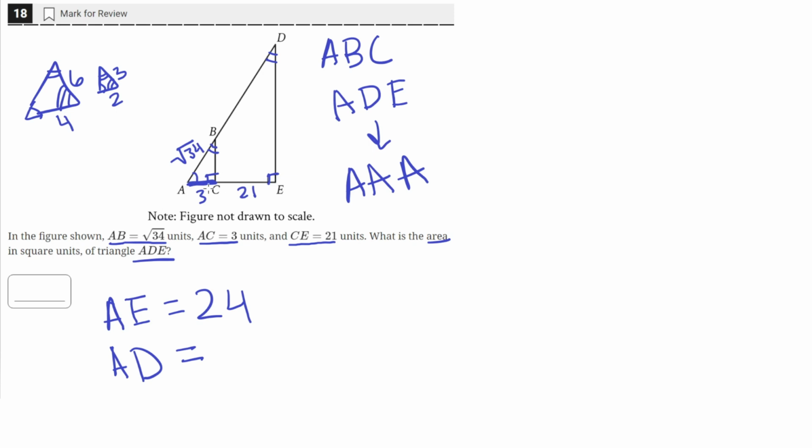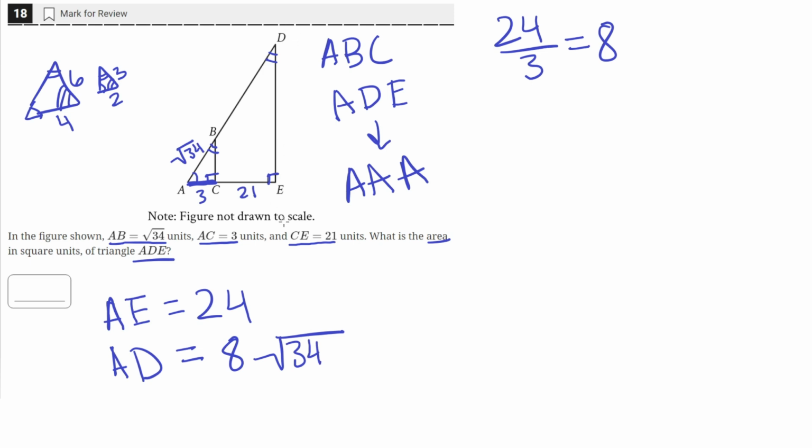But the total length is 24, and 24 divided by 3 is just equal to 8. So that means in the small triangle, the sides are 1/8 the size of the big triangle. So in order to get the length of AD, we just need to multiply the length of AB by 8. So AD will just be equal to 8 times the square root of 34.